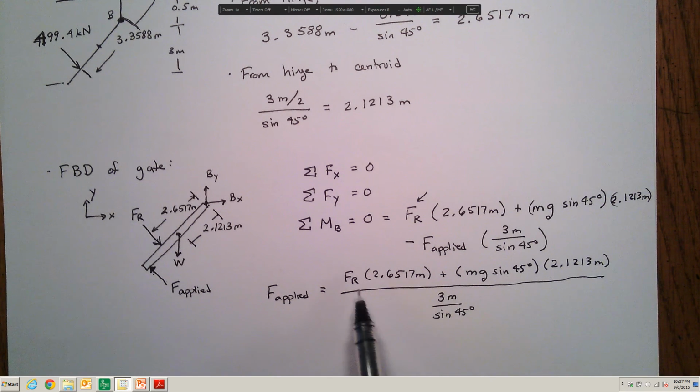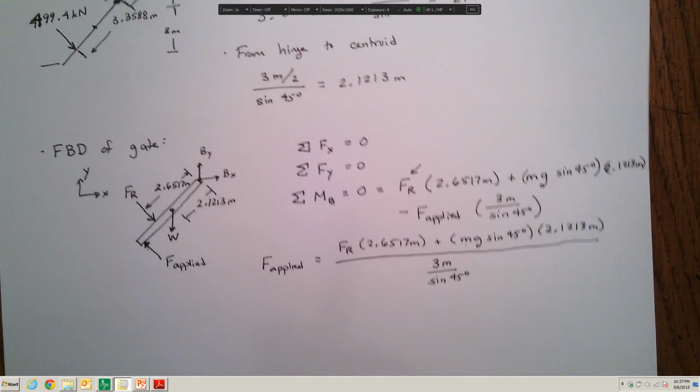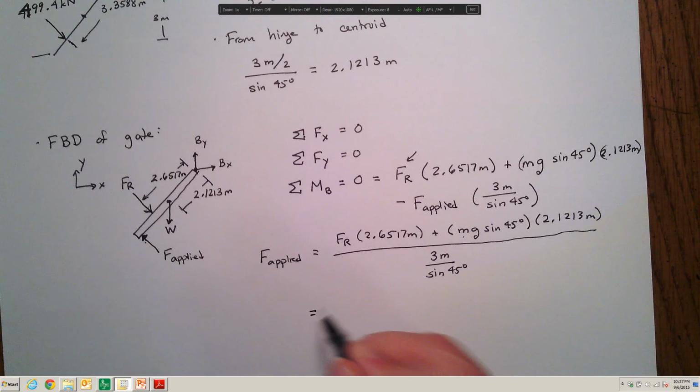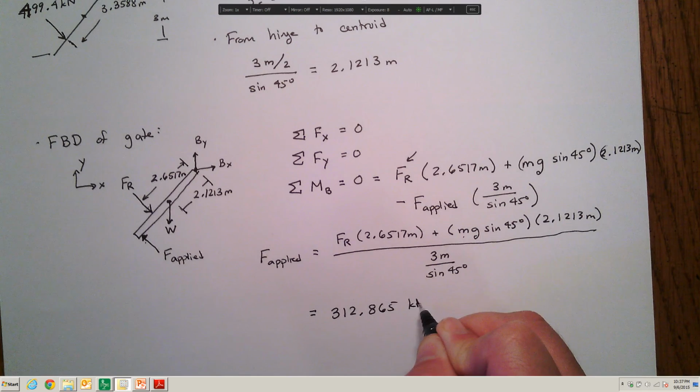When I put all of my numbers in here that correspond to the mass of the gate and the force resulting from the hydrostatic pressure, and solve for the applied force, I'm going to wind up with 312.865 kilonewtons.